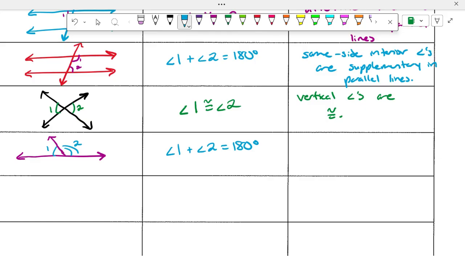I'll give you a hint. Two words, first letter of each word is LP. Something pair. Linear pair. So this is called a linear pair, meaning it's two angles on the same line and they're adjacent to each other. So a linear pair is supplementary.